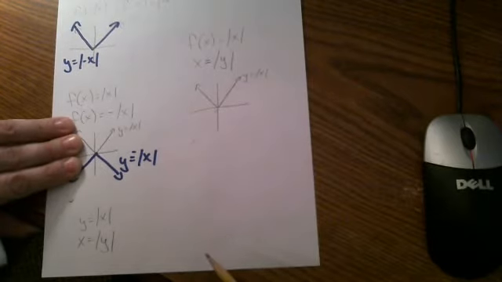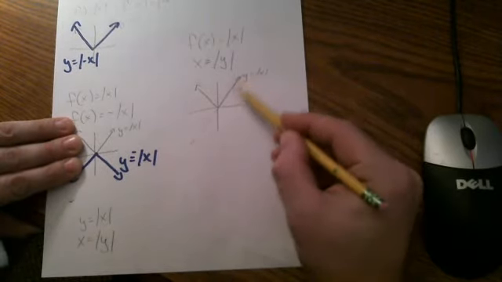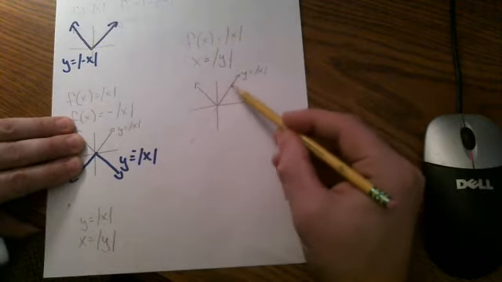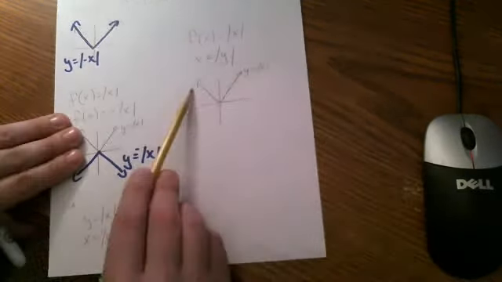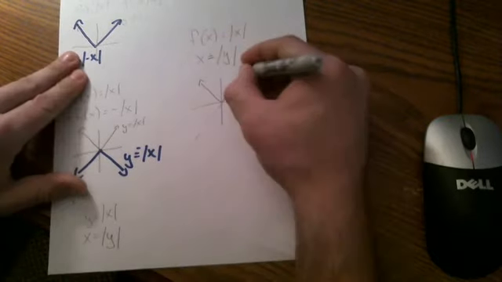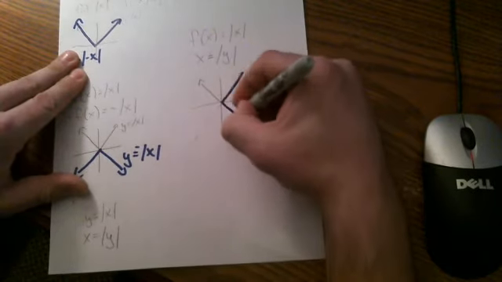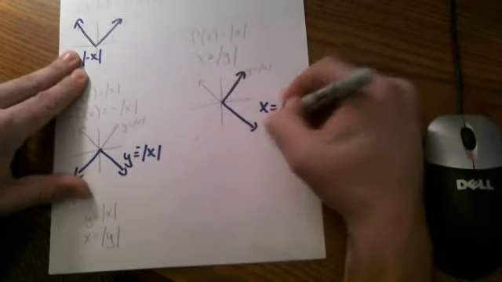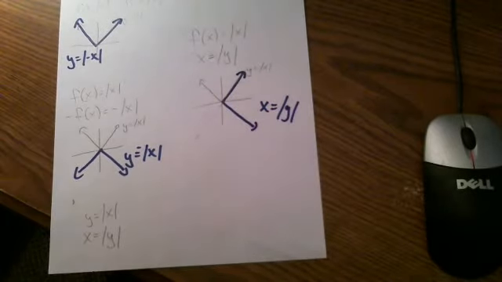That's the line y equals x. So the line y equals x is on part of the absolute value graph. So that's going to be its own image. And then this line will simply fold over there. So this is what the graph of x equals the absolute value of y looks like, which is the inverse graph of y equals absolute value of x.